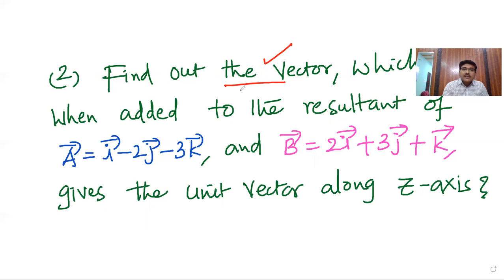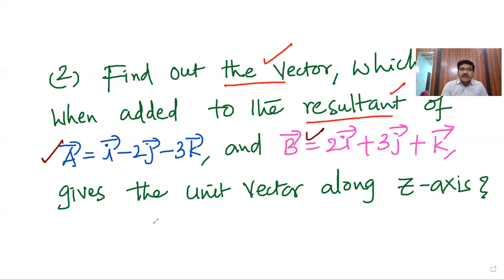This vector is added to the resultant of the A bar and the B bar. First, you have to find out the resultant of A bar and B bar. Then, to that resultant, a vector is to be added.